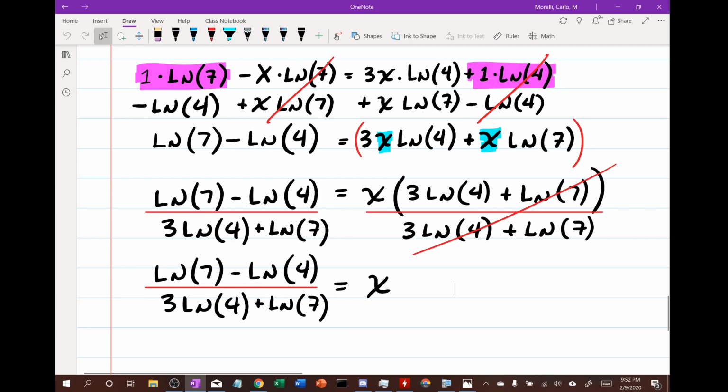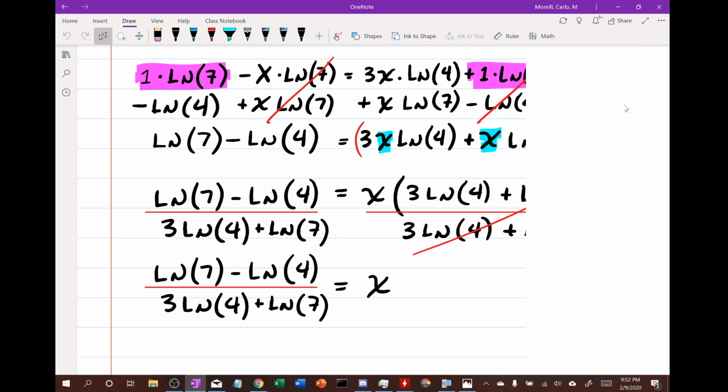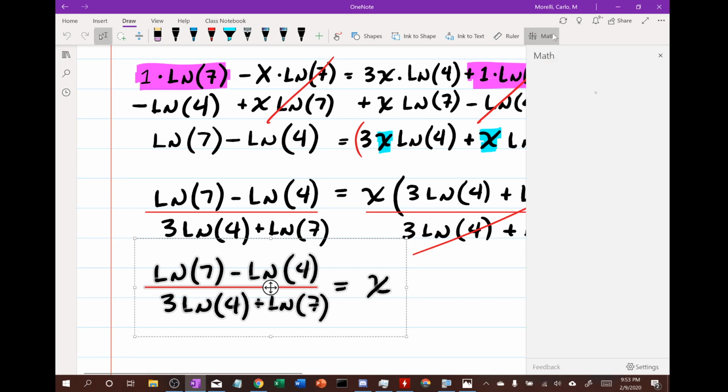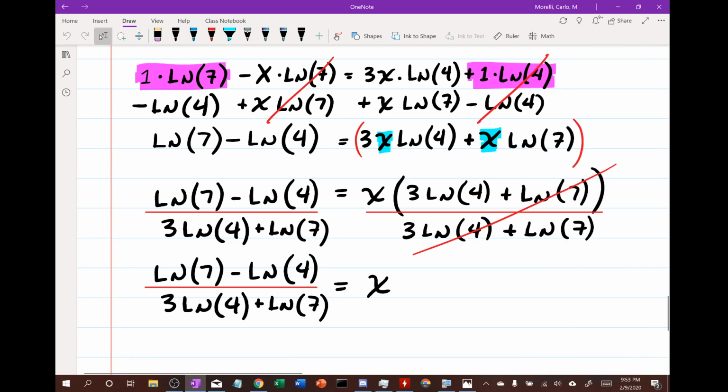So what I want to do is evaluate that in the calculator. I wonder if my ink to math will work. Okay. Let's see if this works. Oh, it's kind of jacked up. No, that didn't work very well. So we'll put it in the TI.